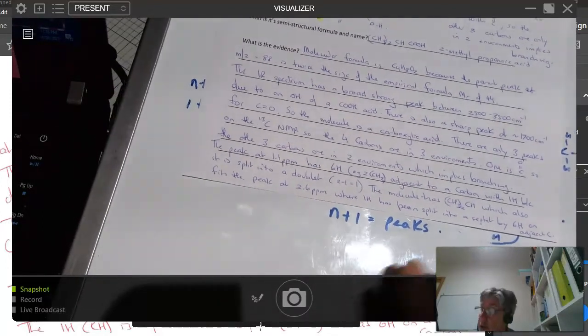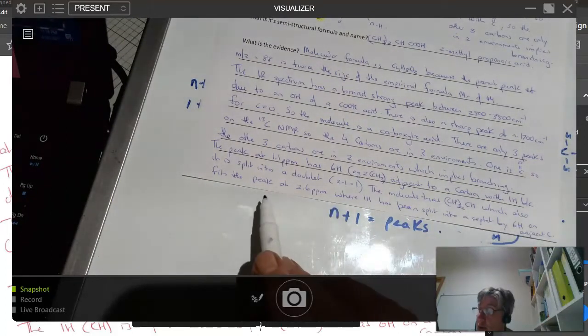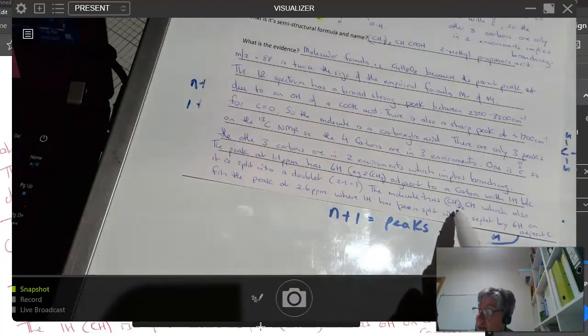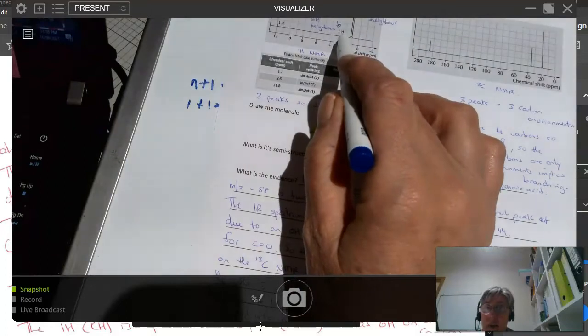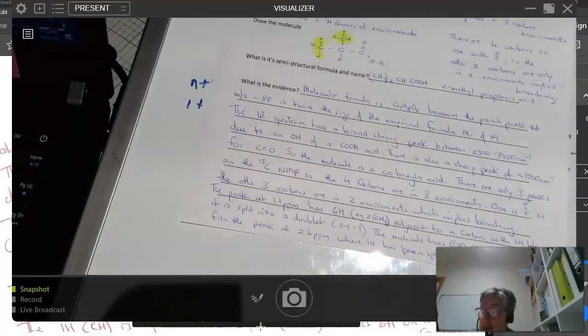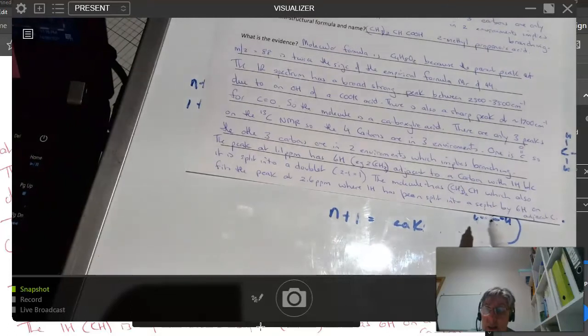So the molecule has a CH3 to CH, which also fits, so 6 hydrogens next to 1 neighbour. And this also fits the peak at 2.6, which has 1 hydrogen, which is split into a septet. 1 hydrogen split into a septet by its 6 hydrogen neighbours.